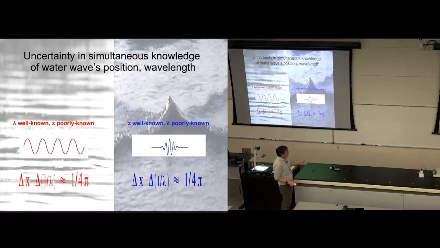This is the equation that describes this effect of the seesaw, whether you can or cannot know the wavelength and the position, for ordinary old water waves. Over here on the left-hand side, the water waves I'm describing look like this. The wavelength is well defined, but it's spread out over the pond. We know lambda, the wavelength, well. We know the position poorly.